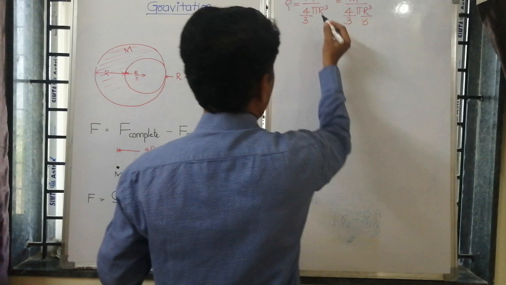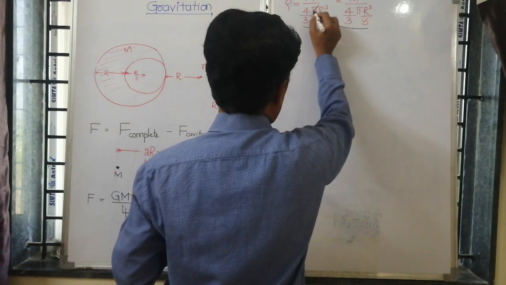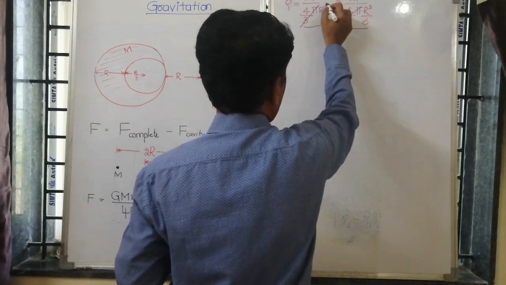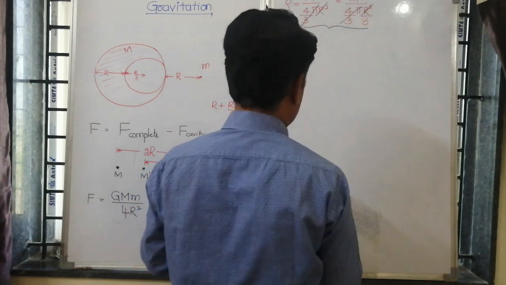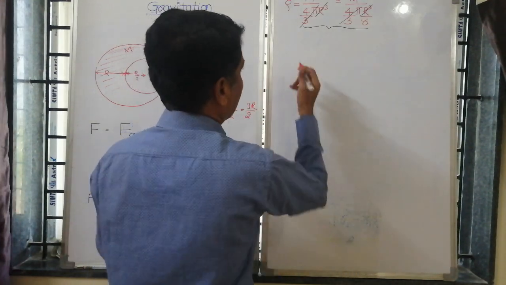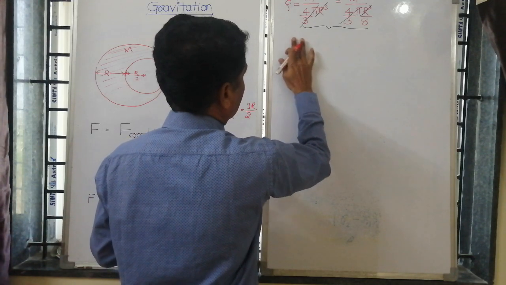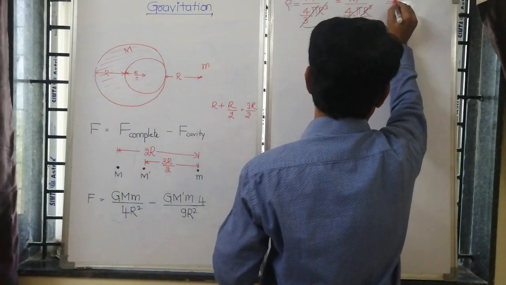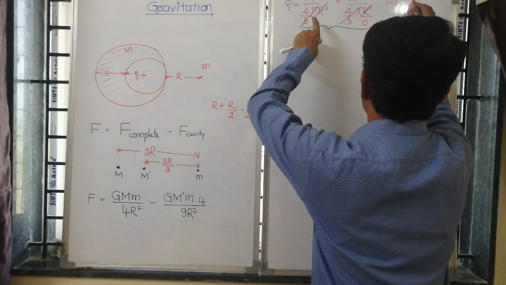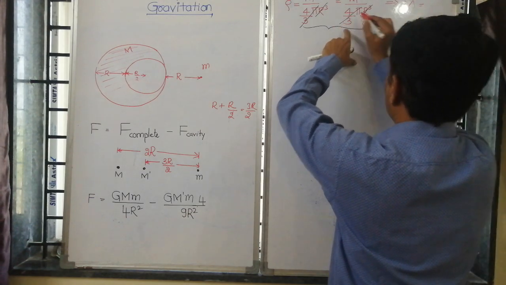If I compare these two, 4 by 3 pi, 4 by 3 pi cancel. Then r cube cancels. Then we can write that capital M is equal to m dash divided by 1 by 8.